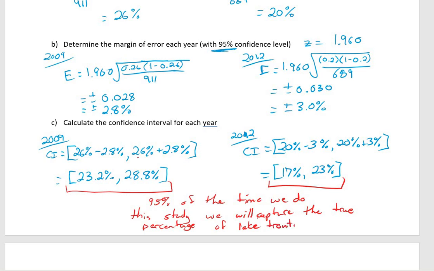So that's pretty confident, right? 95% of the time. We're 95% certain, in other words, that it's in that interval. It's not perfect, but it's pretty good.